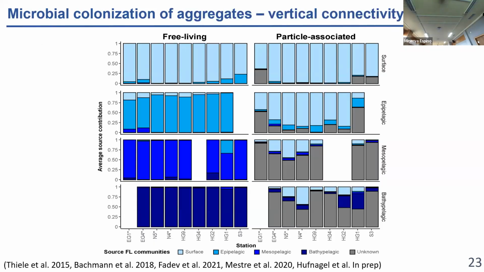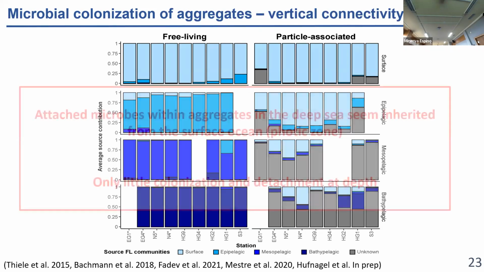Since we did it using molecular techniques, and other people have done it, and everybody seems to find the same, it's now termed vertical microbial connectivity, where we often see this surface signal from the free living, which continues all the way down to the bathypelagic inside the bacteria, but you have a huge unknown group, which are these microniches or maybe special environments that support some microbes.